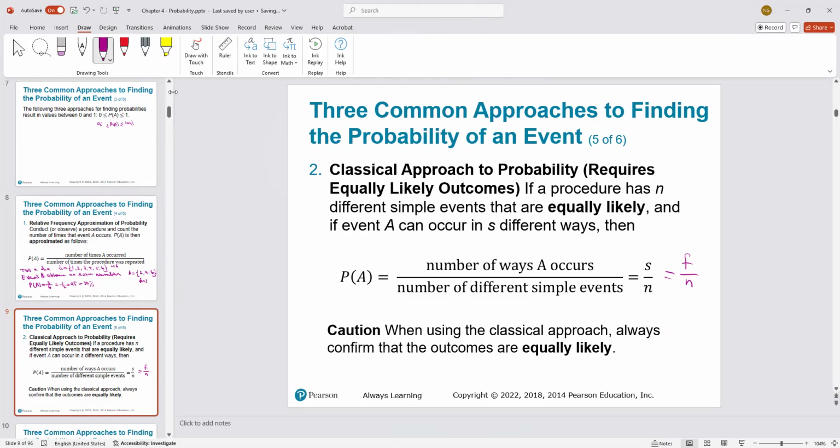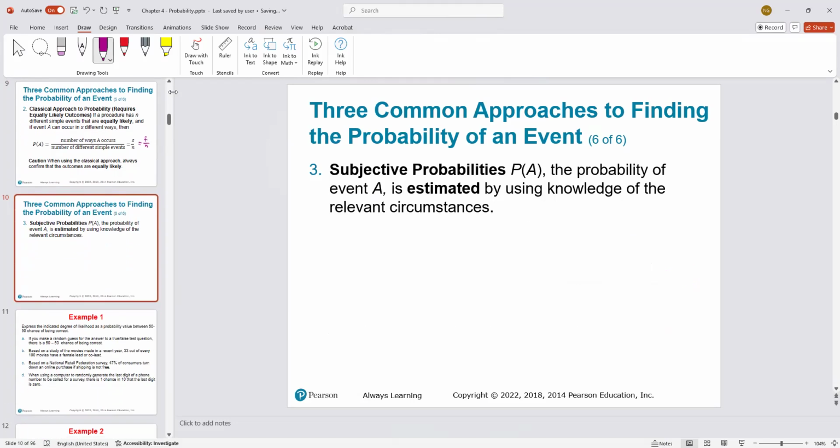We said also subjective probabilities. The probability of event A is estimated by using knowledge of the relevant circumstances. So we can use some subjective approaches, especially when trying to determine the probability that an individual car crashes in a year.